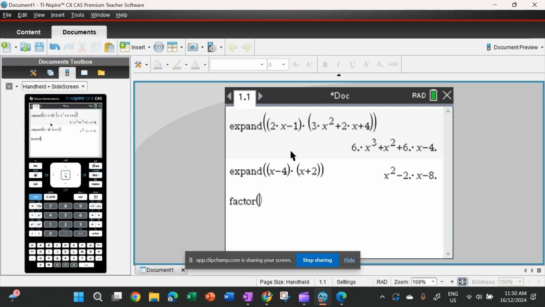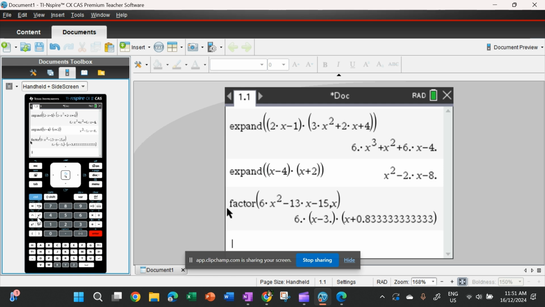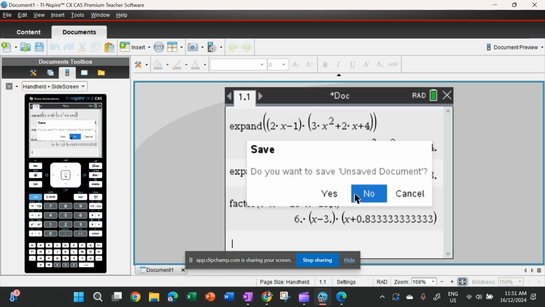For example, the question is 6x squared minus 13x minus 15. And make sure you type comma x. Why do we press comma x? That means solve for x. Sorry, I should change that one. Give me a second.